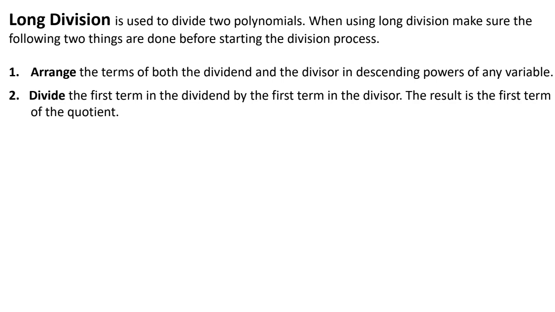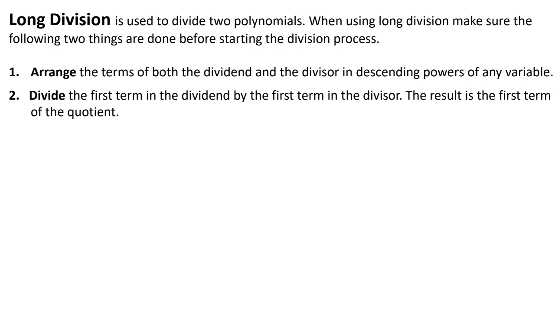Now, there are several things that we need to know. When we are going to be doing long division, the first thing that we need to do is arrange the dividend, the one that we're going to divide into. It has to be arranged in descending order of powers. What does that mean? That the highest exponent has to be first, and all of the terms after that have to be in decreasing order, okay?